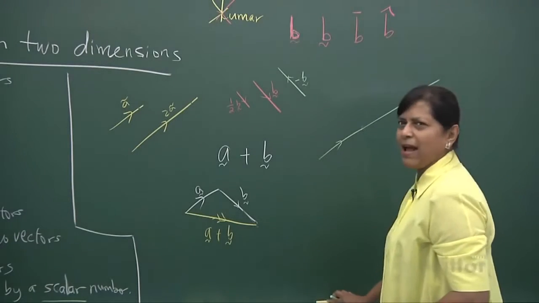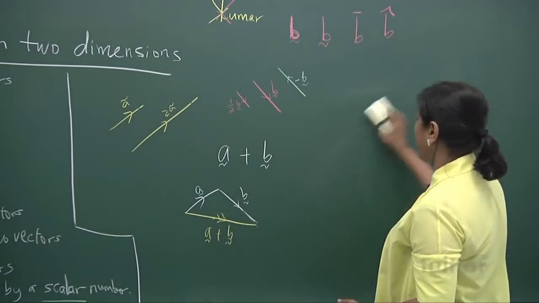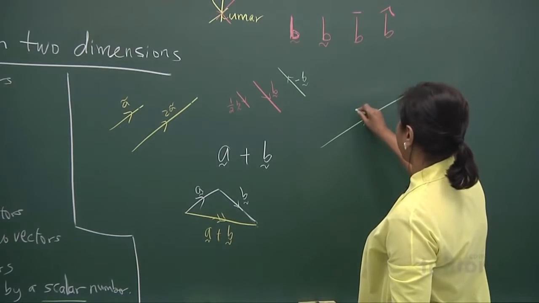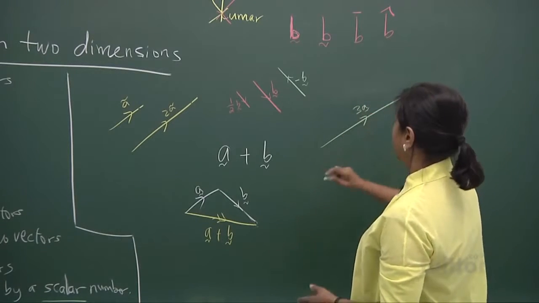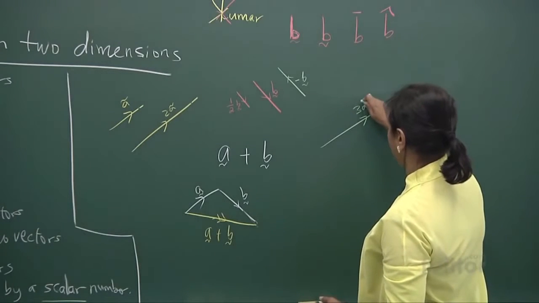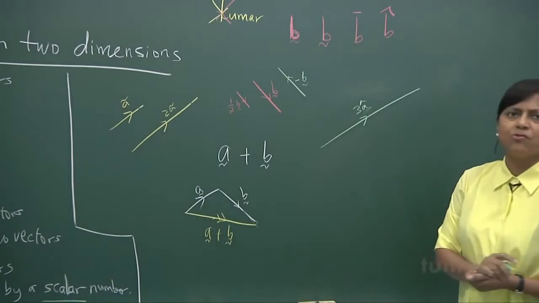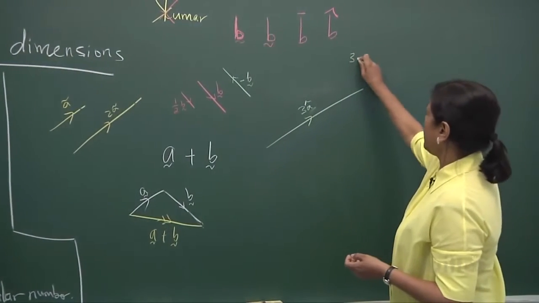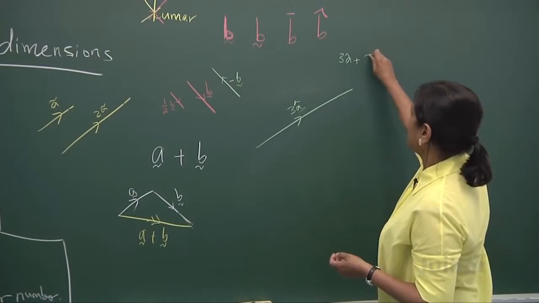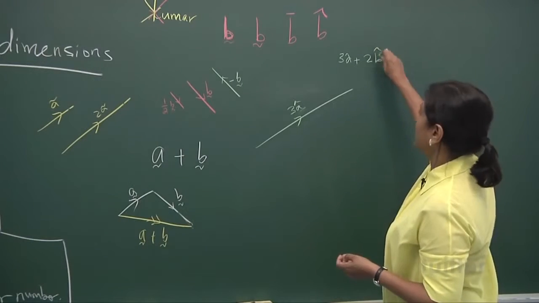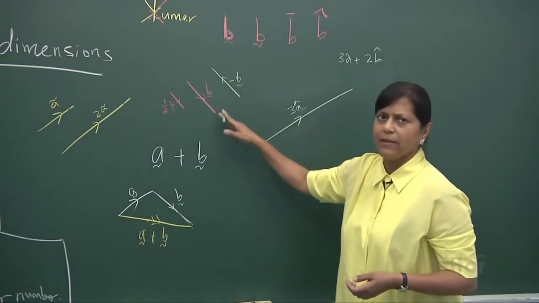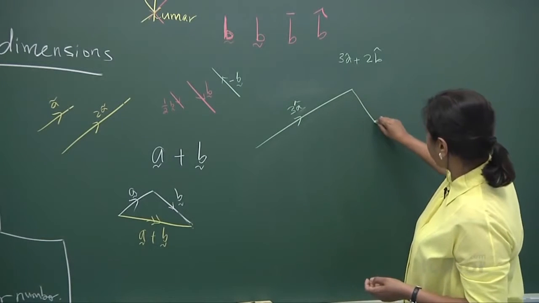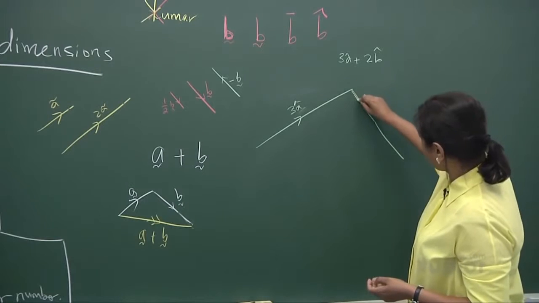It should be a straight line. I'm going to erase that because I don't like it. The length of 3A will be approximately there. 3A, vector 3A. Now I said 3A plus 2B. And B is going this way, the direction of vector B. So 2B, this is 1B, 2B. So that's 2B.